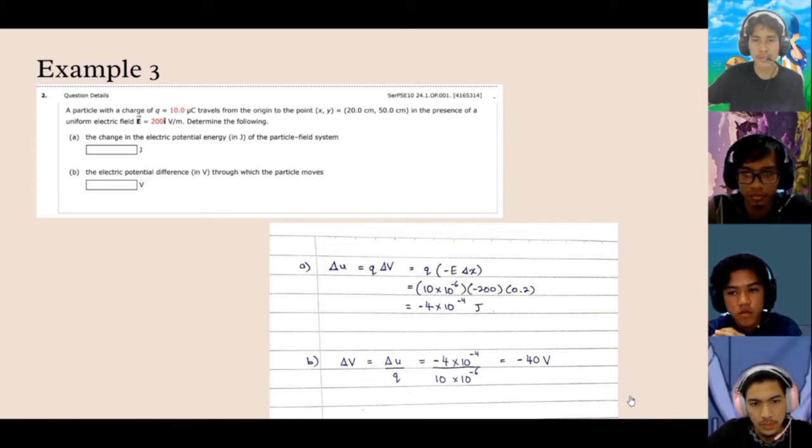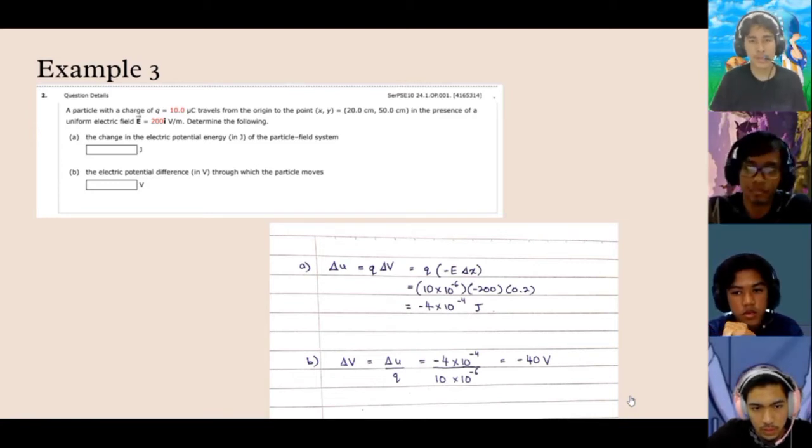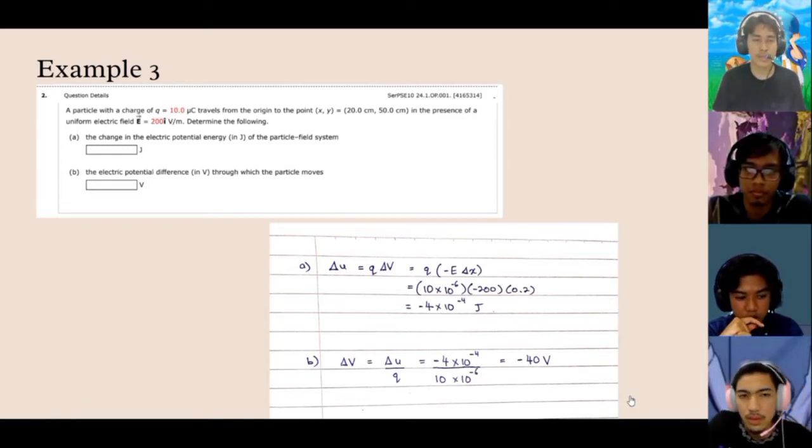We just put the values into the equation, then we will get the answer for A. We will get the potential energy, which is negative 4 times 10 to the power of negative 4 joule. So that's for question A.